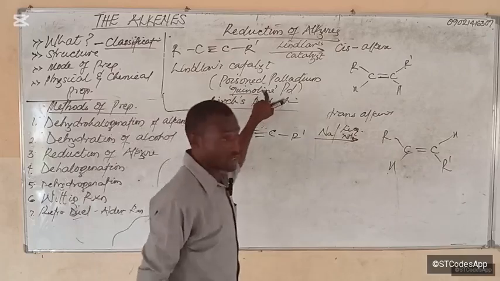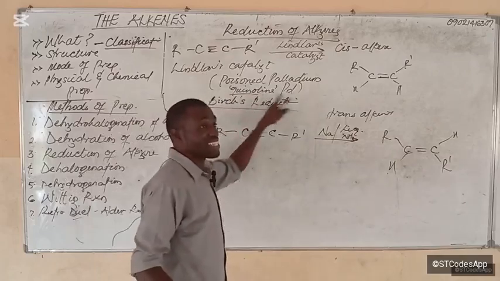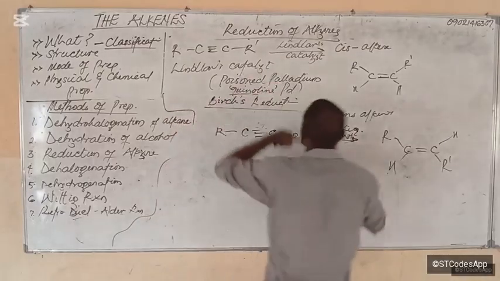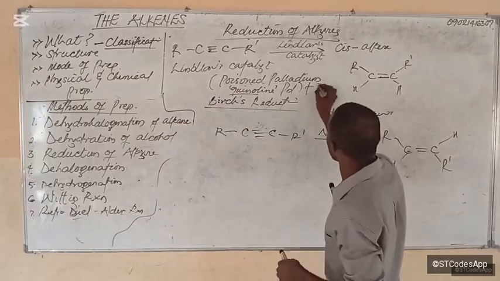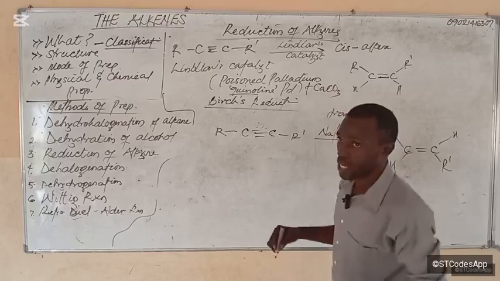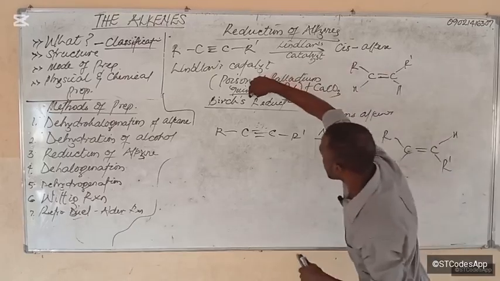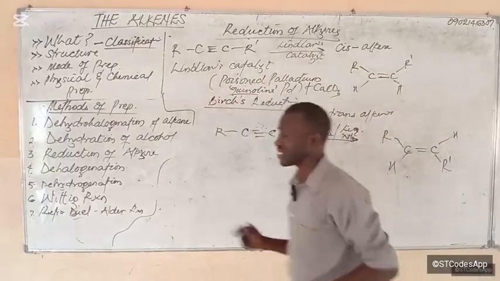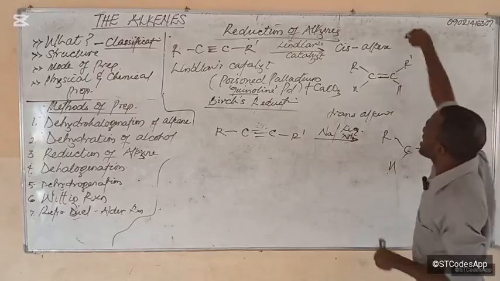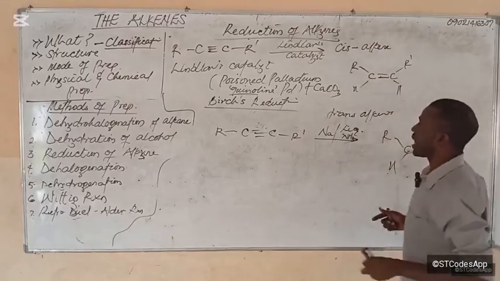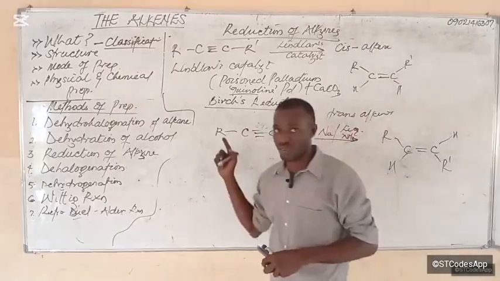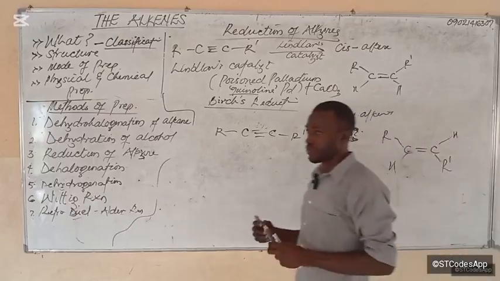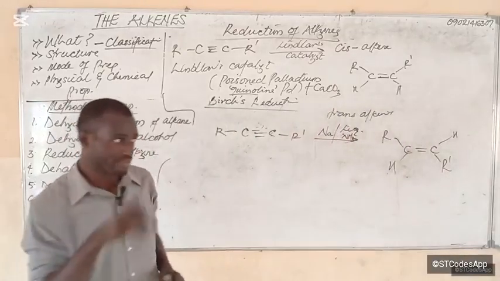So it's immersed in quinoline, in the presence of CaCO3, calcium carbonate. So poisoned palladium and CaCO3 makes up Lindlar's catalyst. And when that occurs, what you get is a cis alkene. And using Birch reduction, you form a trans alkene.